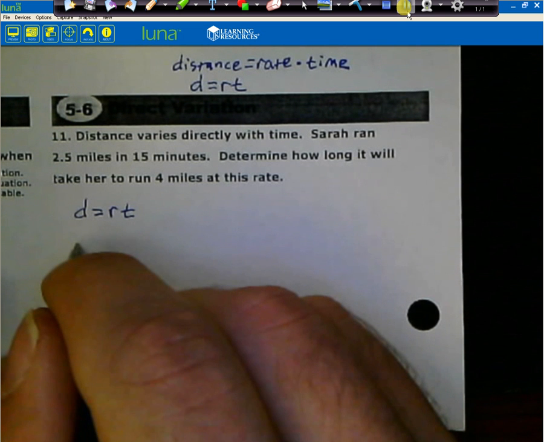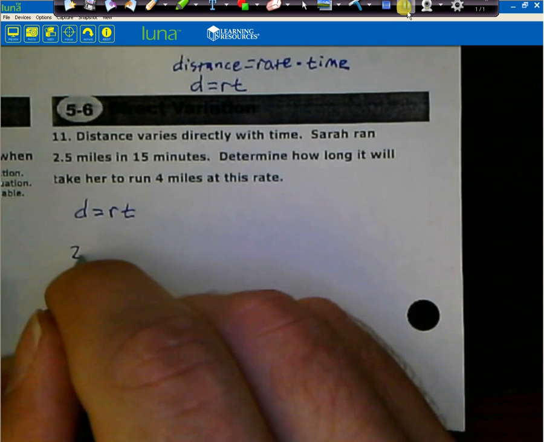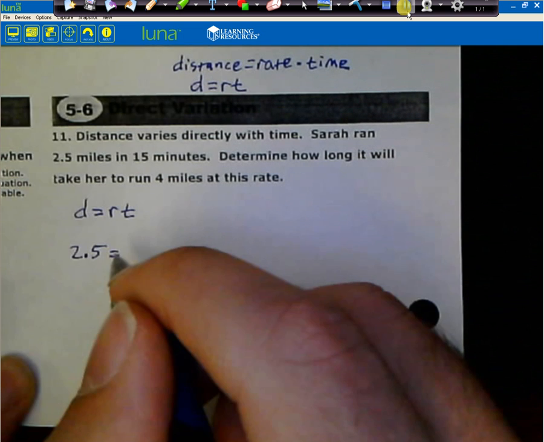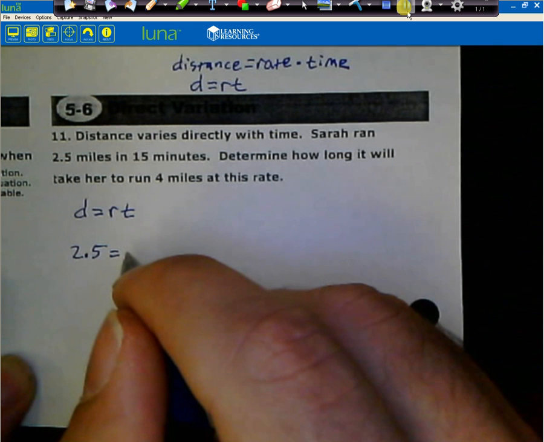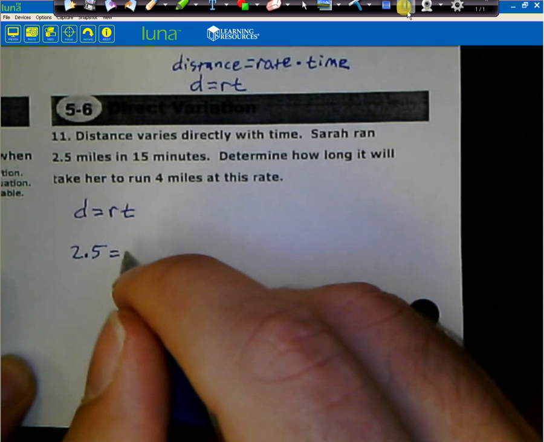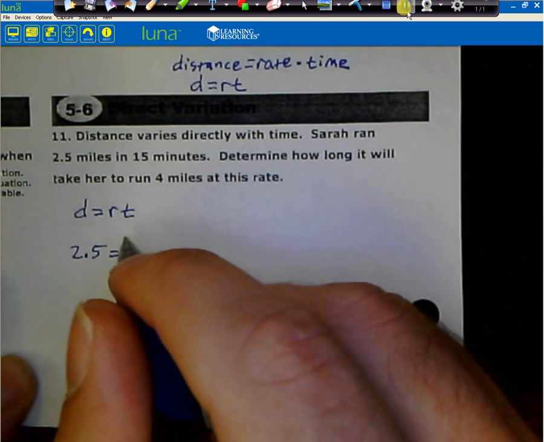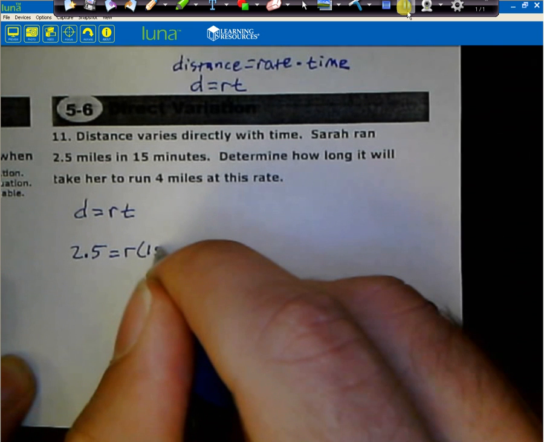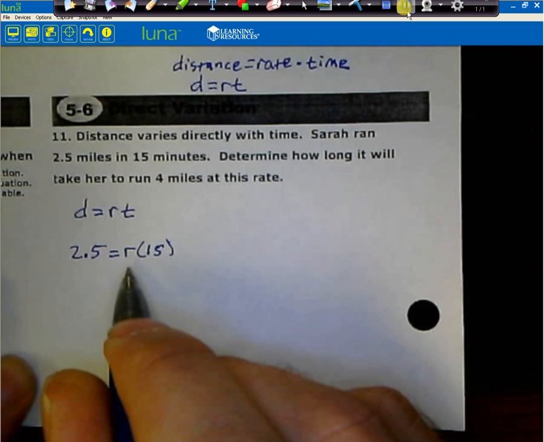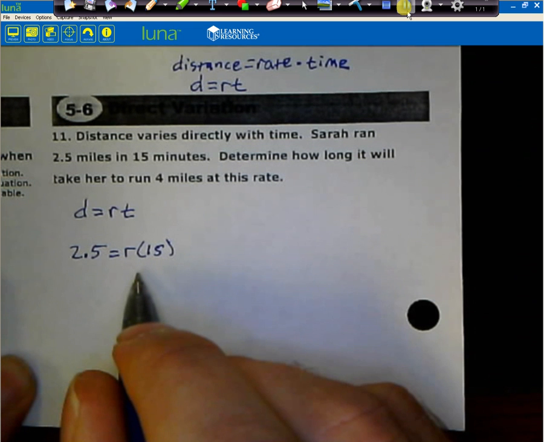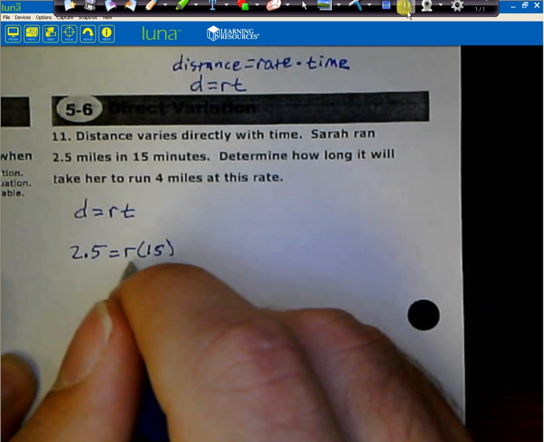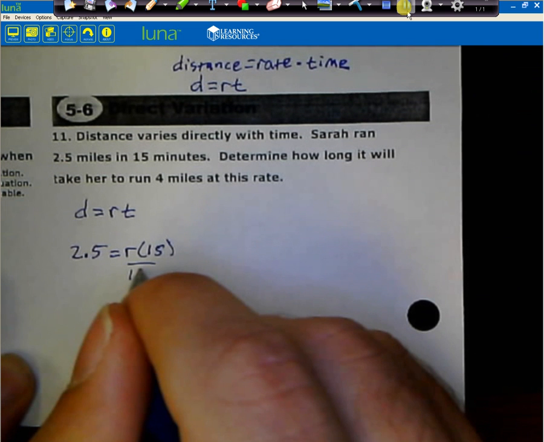So 2.5 miles, that is my distance. So I'm plugging that in for D. And it says that this 2.5 miles, she's able to run that in 15 minutes. So I'm going to plug in 15 for my T. So 2.5 equals R times 15. So I'm going to solve for my R here by dividing by 15.